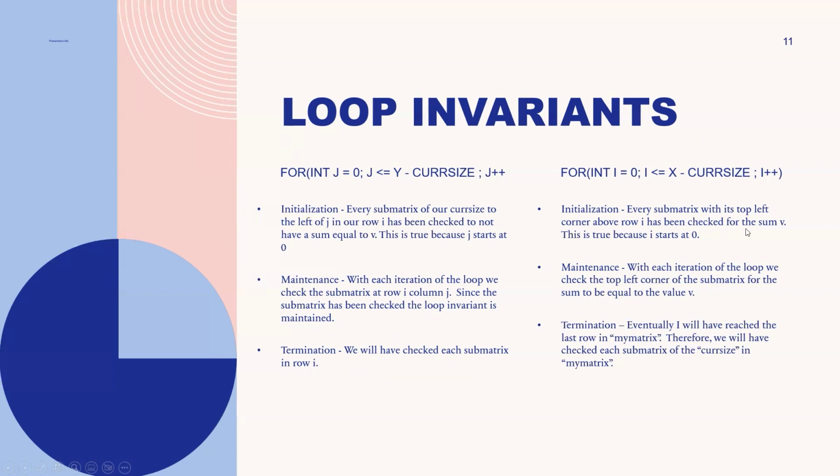And for the next for loop, every submatrix with its top left corner has been checked for the sum V. And what this is saying is the top left corner for these loops is the starting point. So it creates a square that says we can start in this element or this element only.